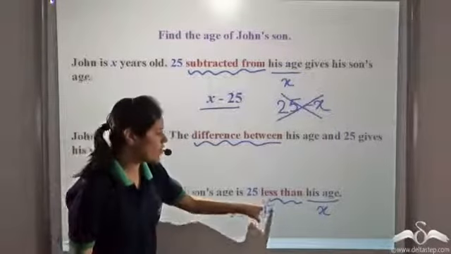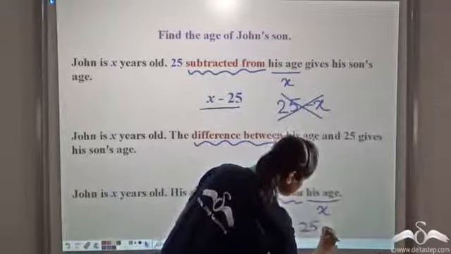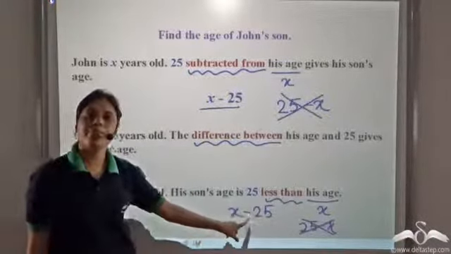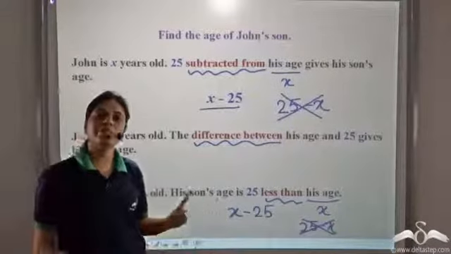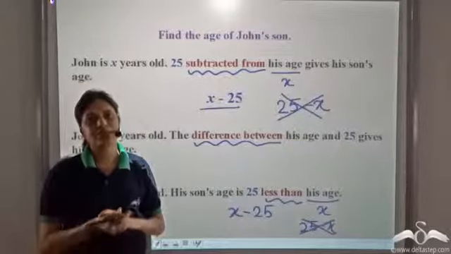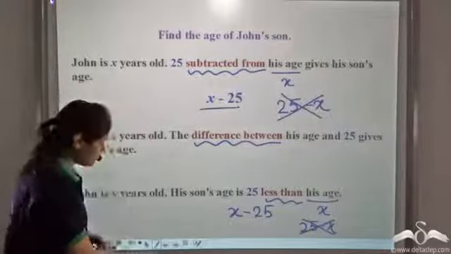Similarly, 25 less than x is not 25 minus x. It is x minus 25. So these words represent the subtraction operation, and in some cases the subtraction operation works backwards.